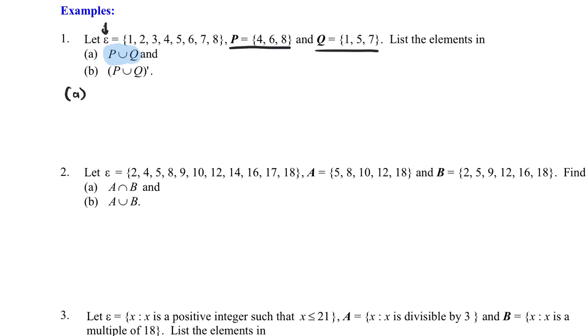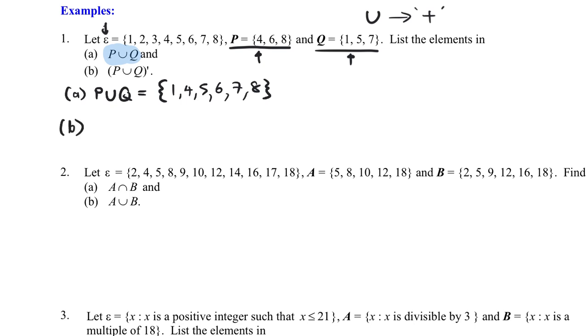So if I look at P union Q, union means adding everything up. So P union Q is the set consisting of, in ascending order, 1, 4, 5, 6, 7, 8. Notice I added everything from P and Q together. If there are overlaps, we will ignore it, because in listing a set, we do not show repeated elements.